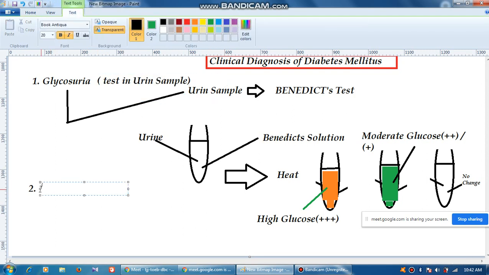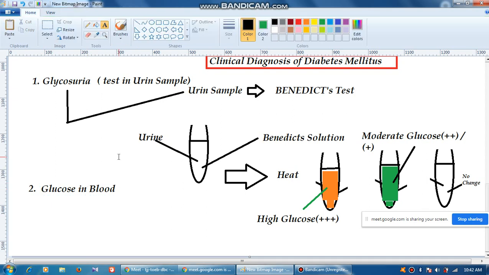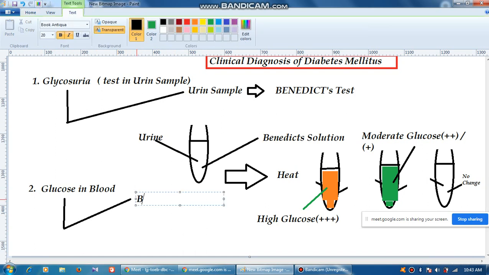Now we'll do a blood sample. Here we will detect glucose in blood by a specific method. In this specific method, we again take a blood sample and then do the reaction.